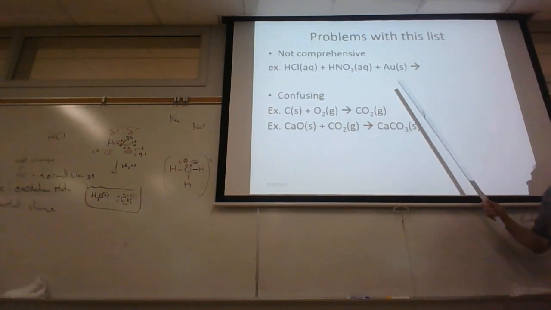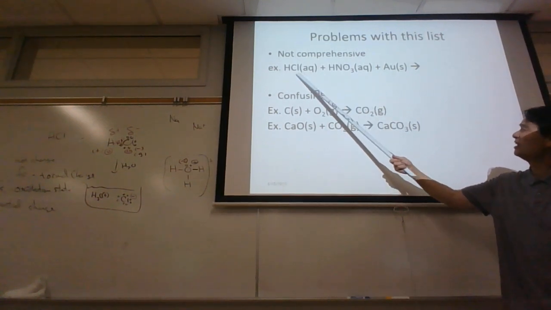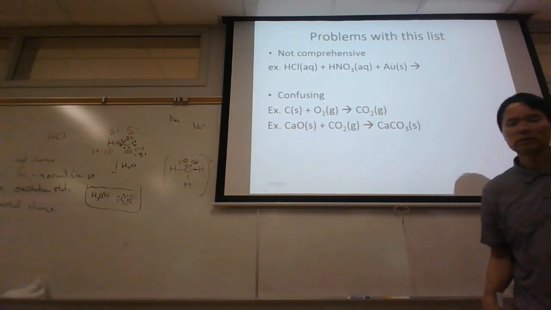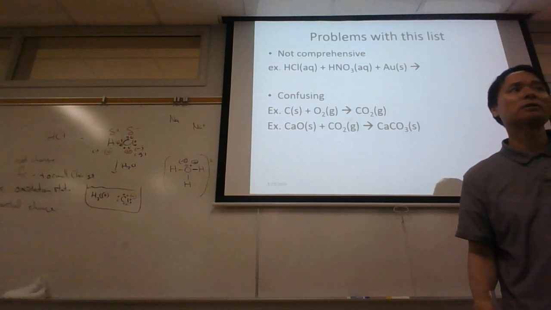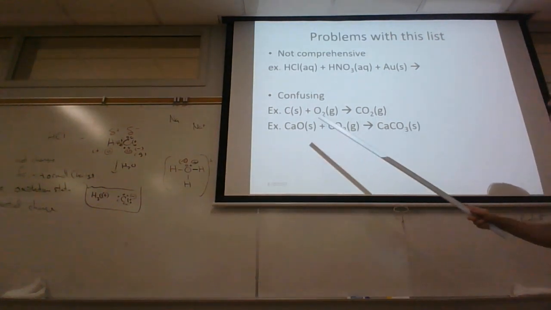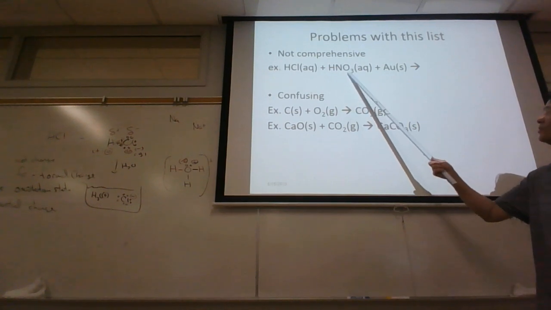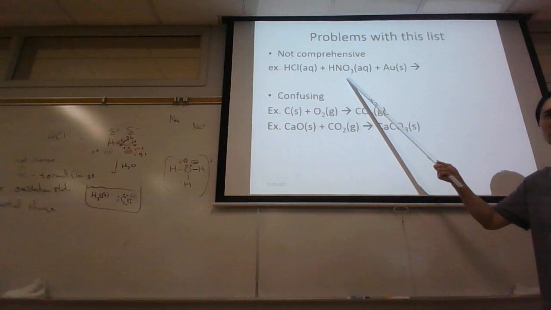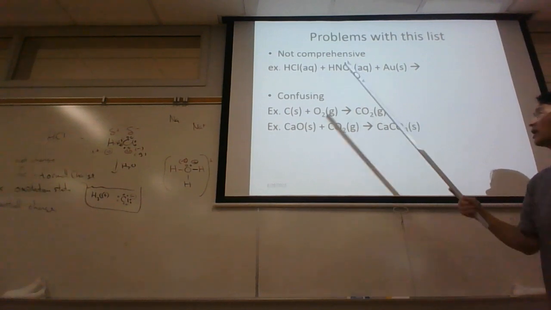This is a very famous reaction. HCl alone does not react with gold. So I asked you, does it dissolve gold? HCl will not dissolve gold. HNO3. HNO3 is what acid again? You guys remember the name of this acid? Nitric acid.